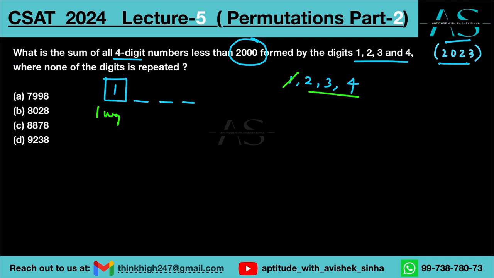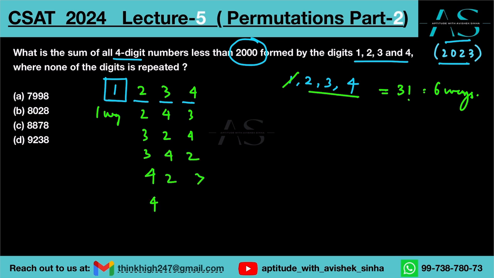So this can be done in 3 factorial ways or 6 ways. So what should be the numbers? It is either 2 3 4, or 2 4 3, or 3 2 4, 3 4 2, 4 2 3, and 4 3 2. 1 is always constant, and we are looking out for the sum of these values.